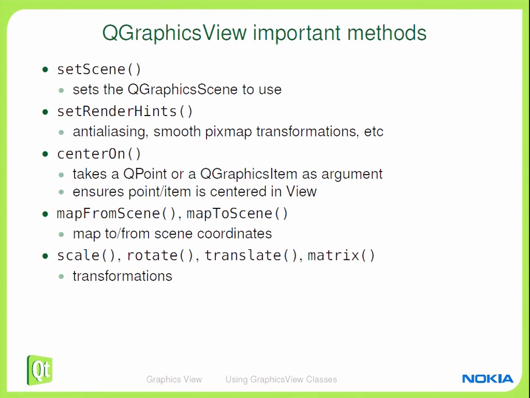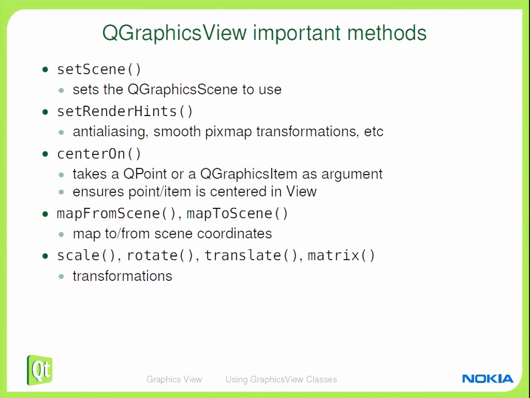You can center the view to certain coordinates, like what is the place of the scene that is showing. You can also map from different coordinate systems. All of these three actually have their own coordinate systems. So you can use conversion functions between these coordinates if you want to access them manually.